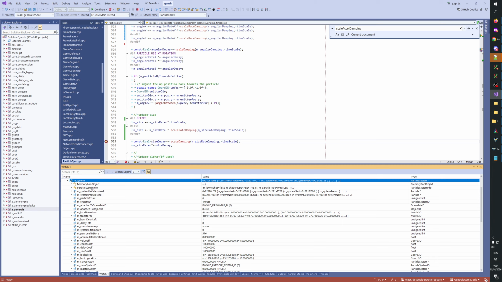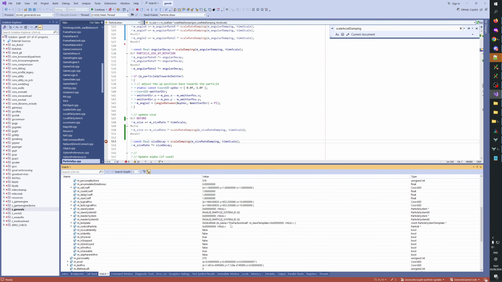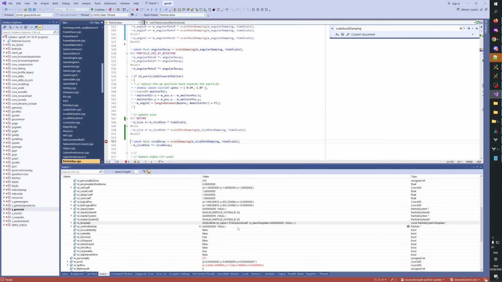System. Faction small. Okay, so way too many particles here.